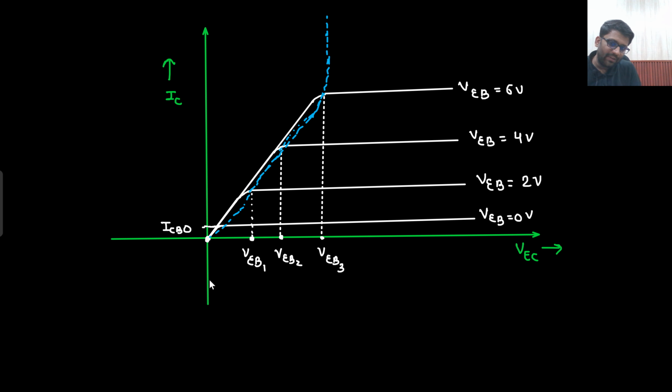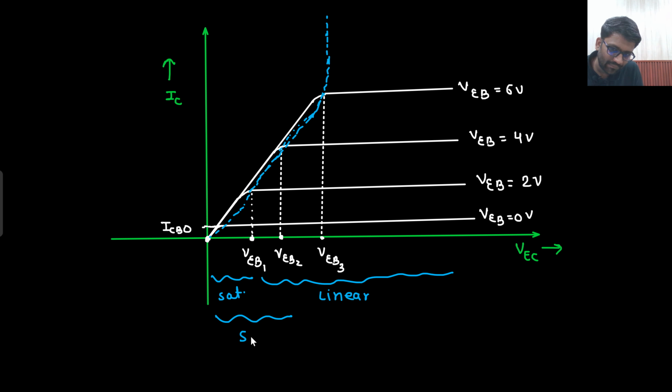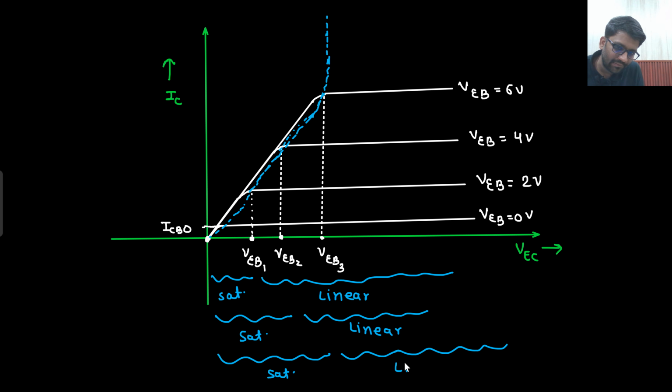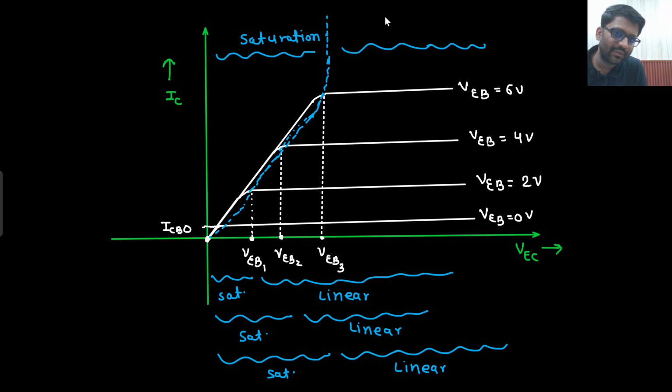Like before VB1, this was the saturation region, and then this became linear. For VB equals to 2 volt, this was the saturation, then this became linear. For VB equals to 3 volt, this was the saturation, and this became linear. For VB equals to 4 volt, this was the saturation. So this much portion would show the saturation, and this much portion would show linear.